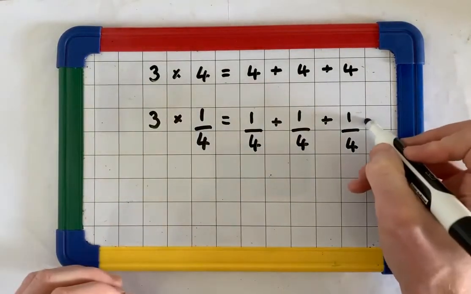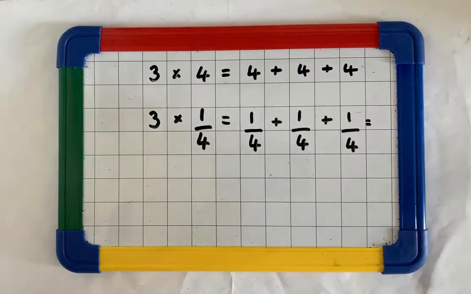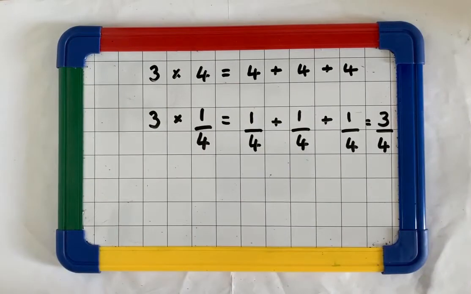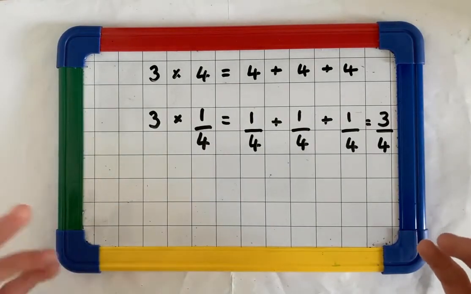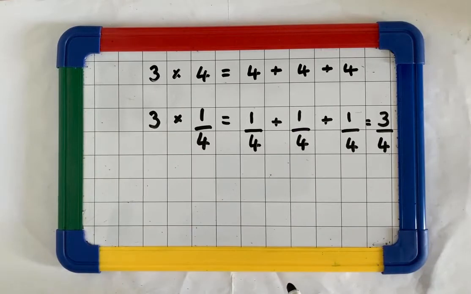Now, what is a quarter add a quarter add a quarter? Well, it's 3 quarters. So we know that 3 times a quarter is equal to 3 quarters.